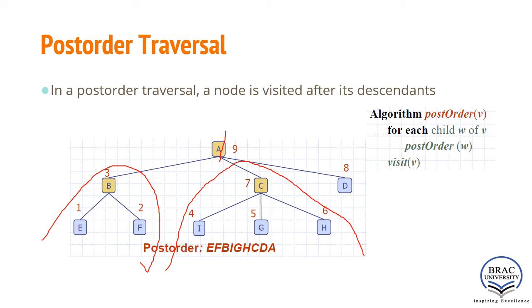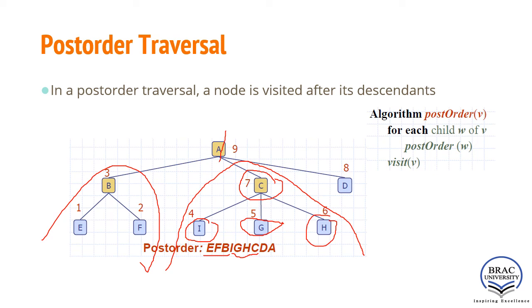That means the first one is E, F, B, from the left subtree, and for the second subtree, the visiting order will be I, then G, then H, and after visiting all nodes, then we will visit C. So the order will be I, G, H, C.